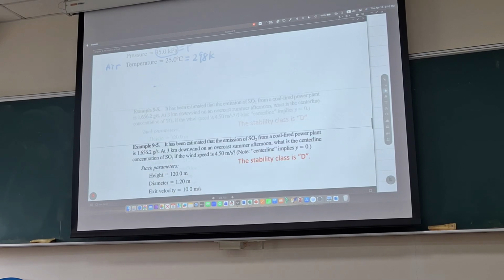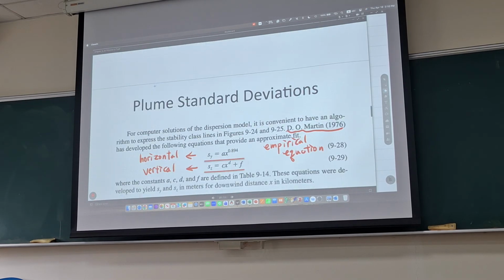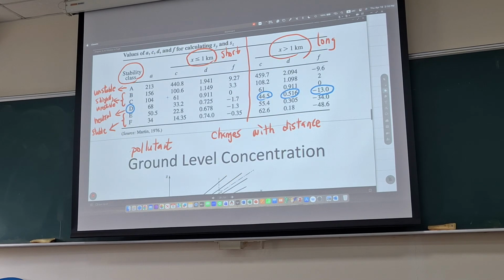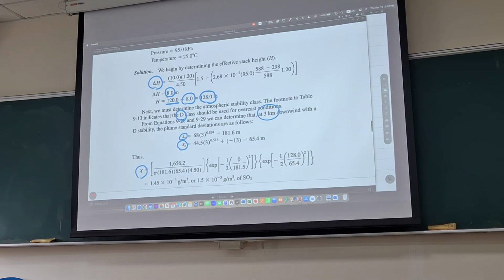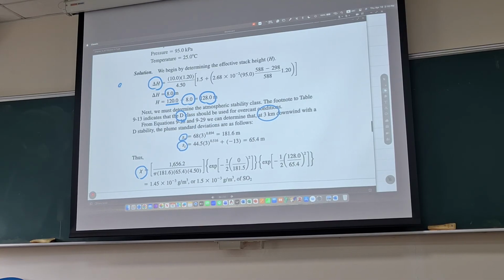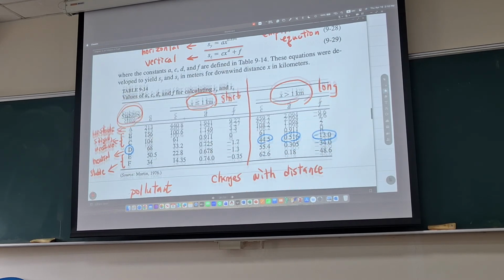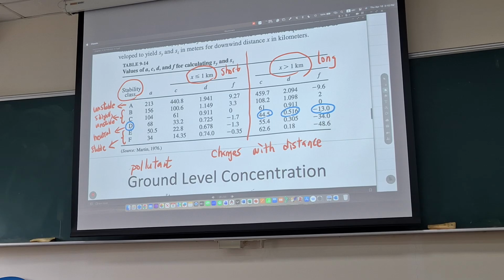Let me finish this before we end today. For delta H, use this formula, equation 9-27. The question already gives you that this is D class, which means neutral, and it also gives you the distance over 1, which is 3 over 1.